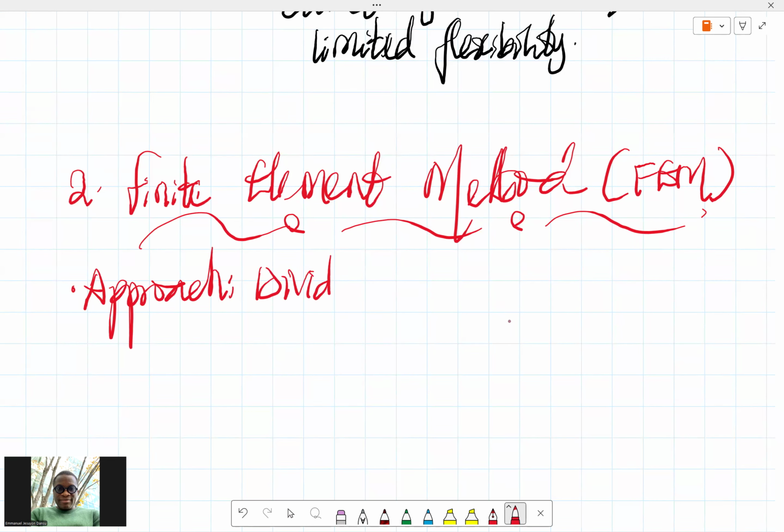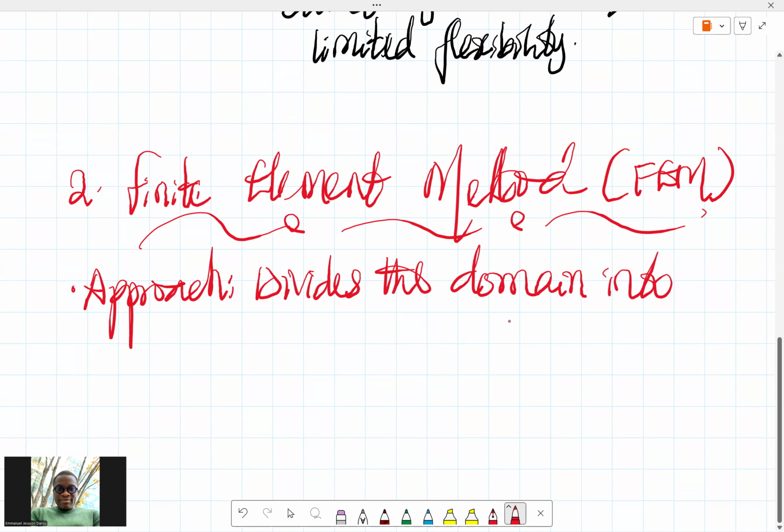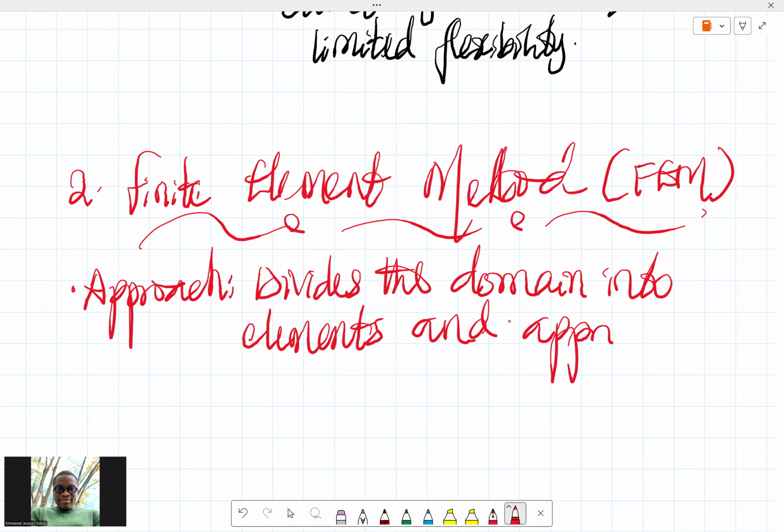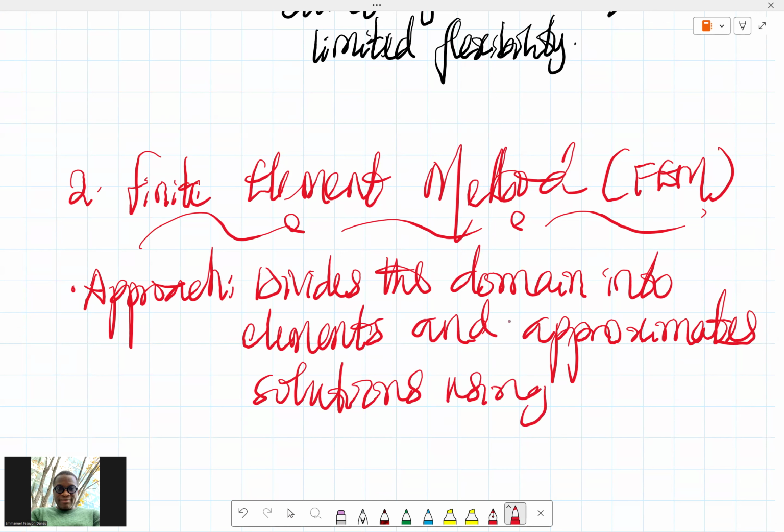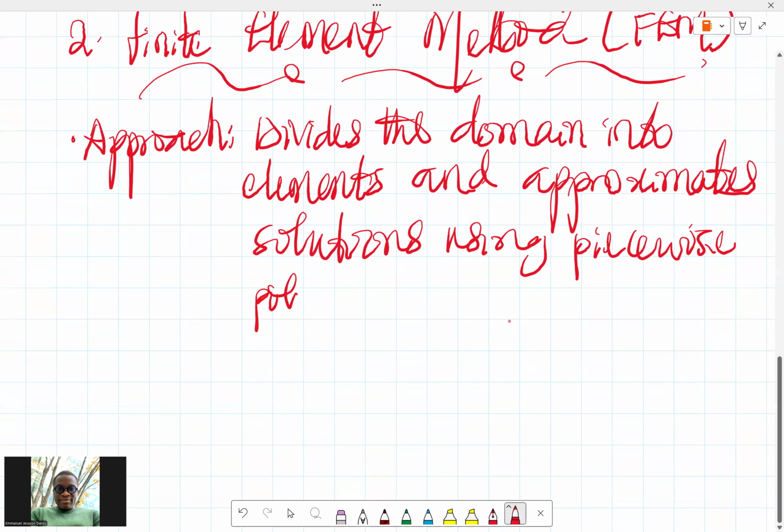The finite element method divides the domain into elements and approximates solutions using piecewise polynomial functions.